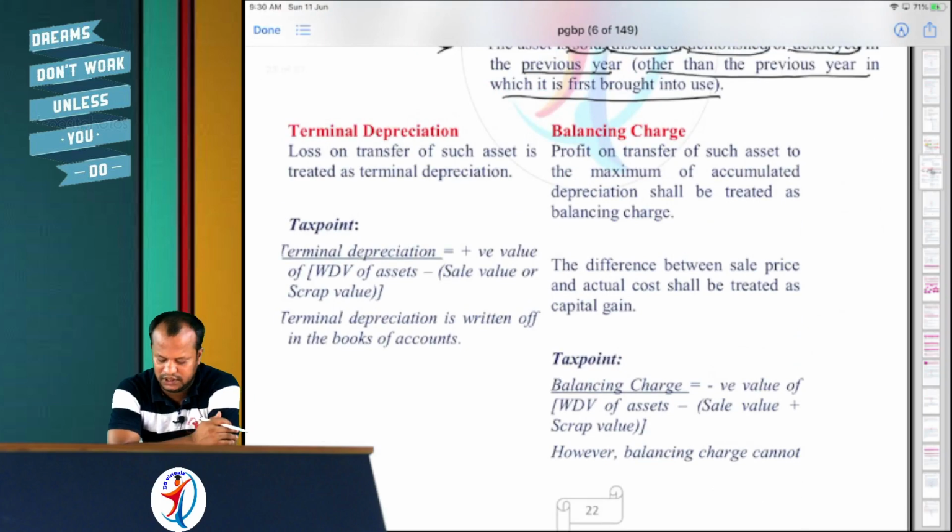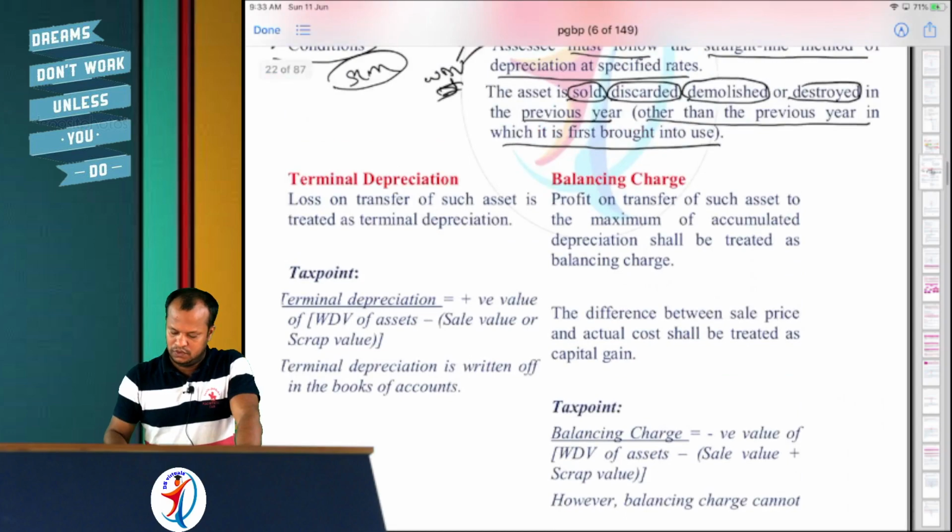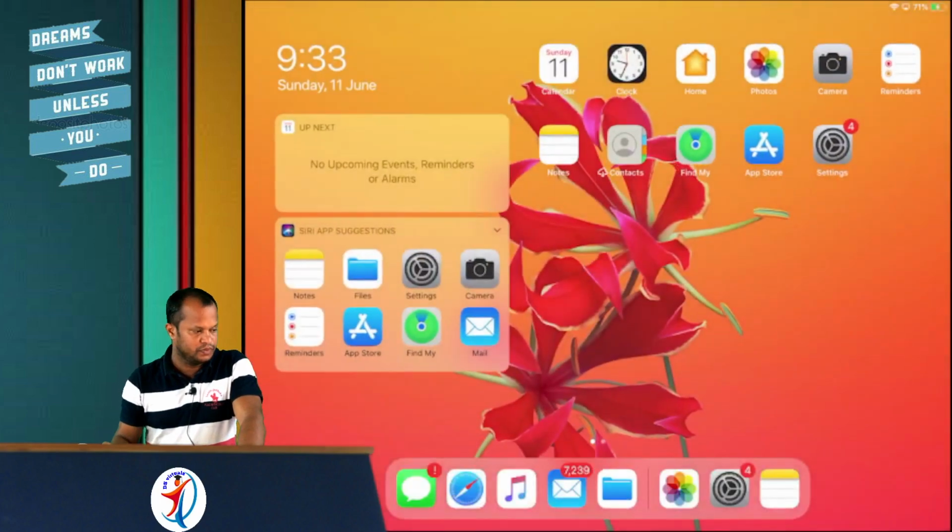Loss on transfer of such asset is treated as terminal depreciation. Profit on transfer of such asset, to the maximum of accumulated depreciation, shall be treated as balancing charges. Okay, write down the notes.